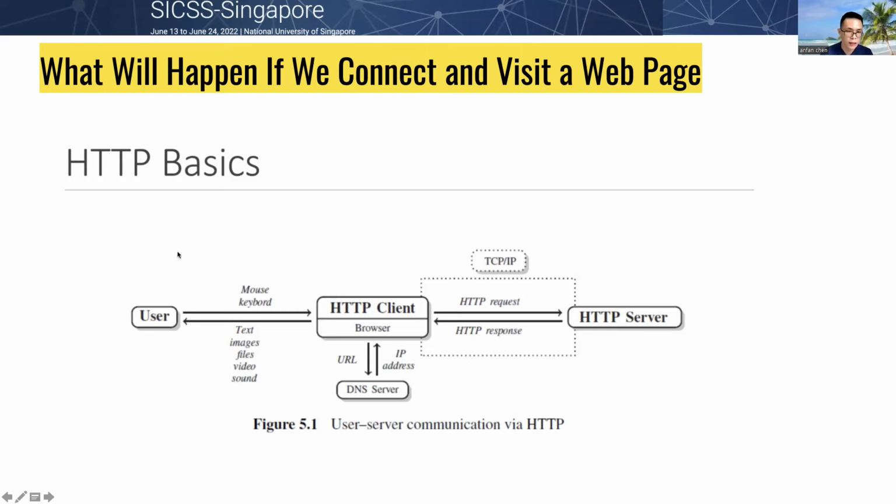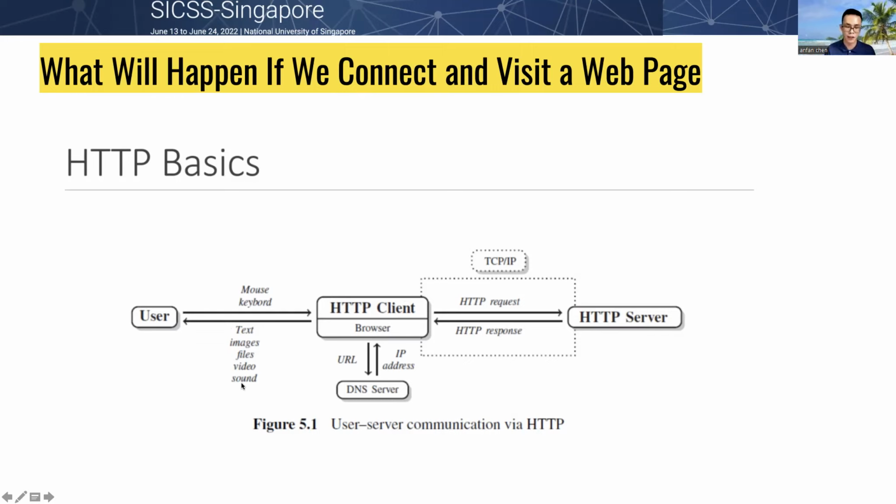And what will happen if we connect and visit a web page? The user clicks on the web page and connects as an HTTP client through TCP and IP. Then the server receives that signal and gives a response to the client. Then the users will see what's shown on the web page: the text, the images, the files, the video, and the sound.